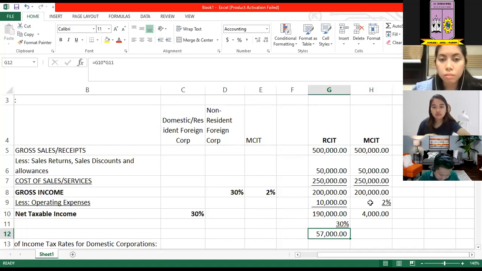Actually, under paragraph 1 of letter E, yung minimum corporate income tax, ini-impose yan on the 4th taxable year, immediately following the year in which such corporation commences its business operation. Meaning to say, kung nag-start ka ng 2018, 19, 20, 21, 22, so sa 2022 ka pa i-tax ng MCIT.